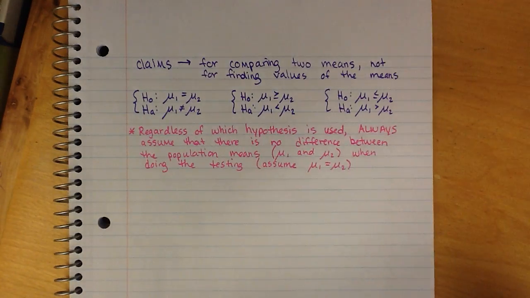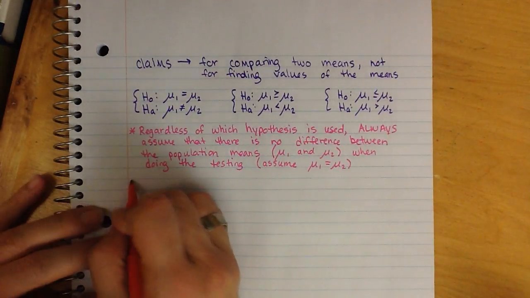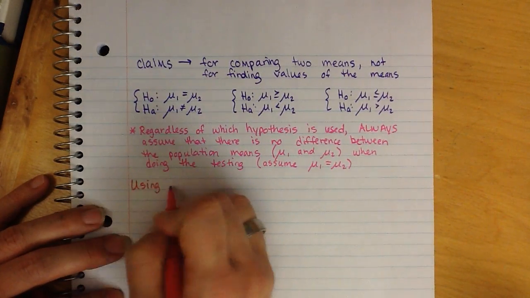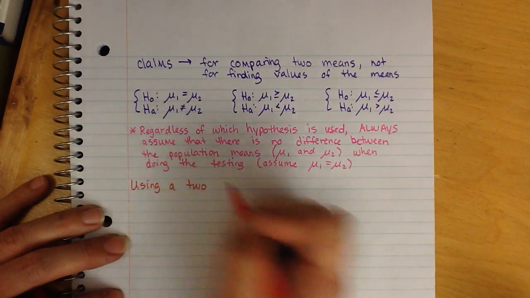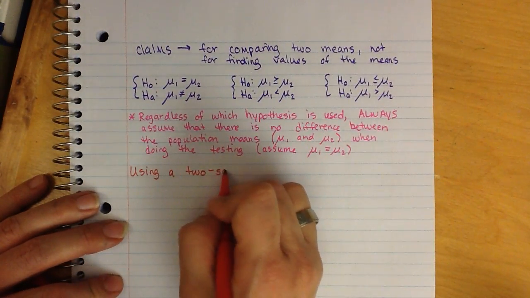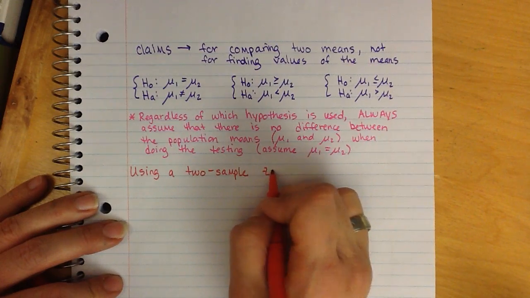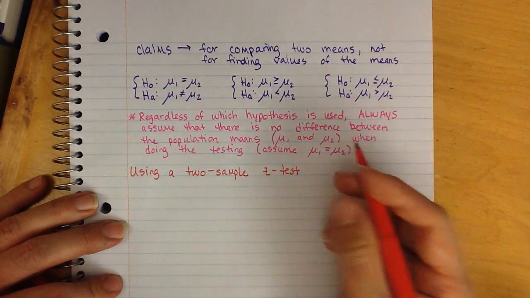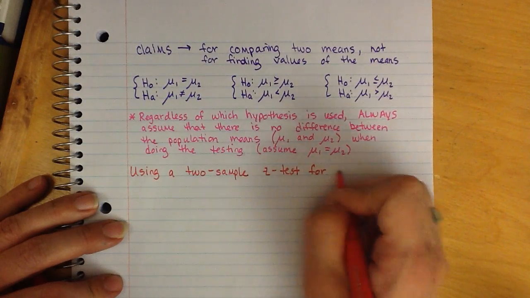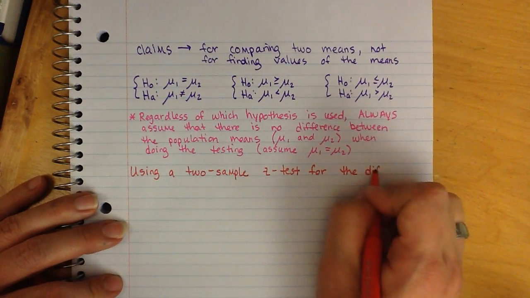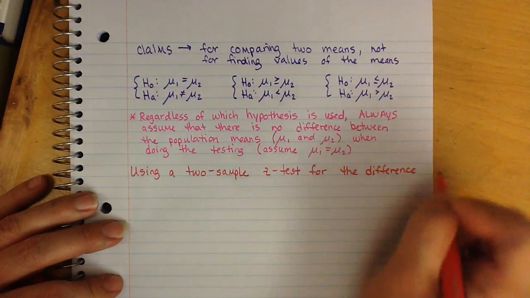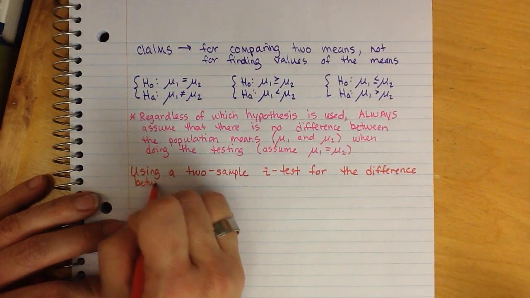So here are going to be the steps for hypothesis testing. So this is a 2 sample, and we are going to be using a z-test for this type of hypothesis testing for the difference between two means.